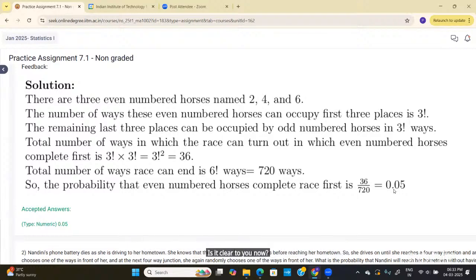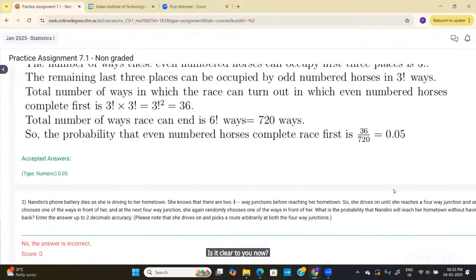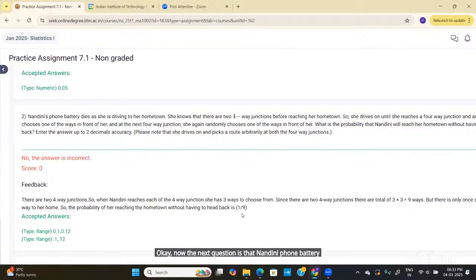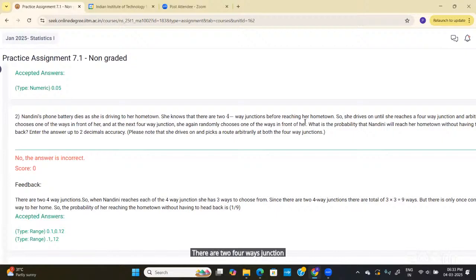Yes, ma'am. Okay, now the next question is that Nandini's phone battery dies as she is driving to her hometown. She knows that there are 2 4-way junctions before reaching her hometown.